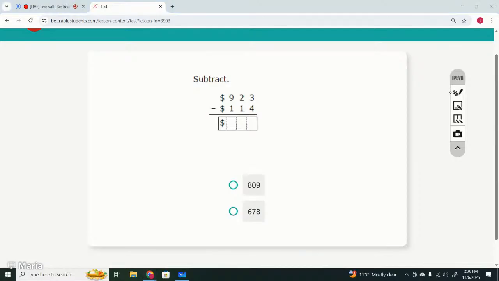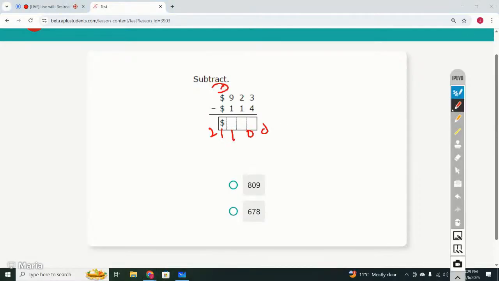Subtract 923 minus 114. So we have to borrow 1. 13 it is. 13 take away 4 is 9. 1 take away 1 is 0. 9 take away 1 is 8.